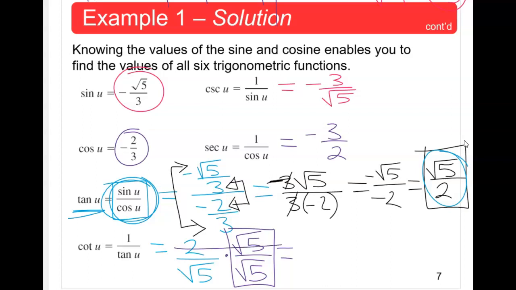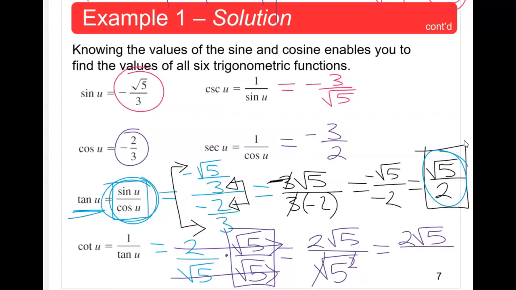So 2 times the square root of 5, and then on the bottom, square root of 5 times the square root of 5. We can look at it in many different ways. One of those is to think about 5 times 5, or 5 squared inside the square root. You cancel those, and then you will just have the 5, which is the purpose of rationalizing the denominator. Okay, and so those are all of your 6 trigonometric functions.